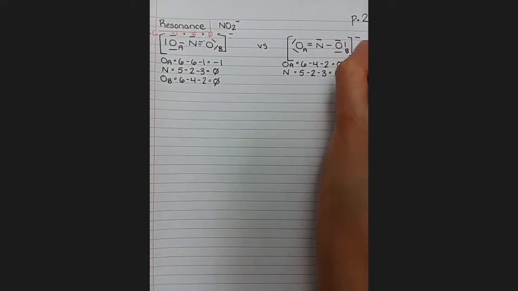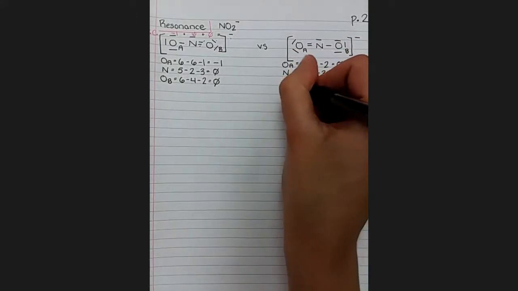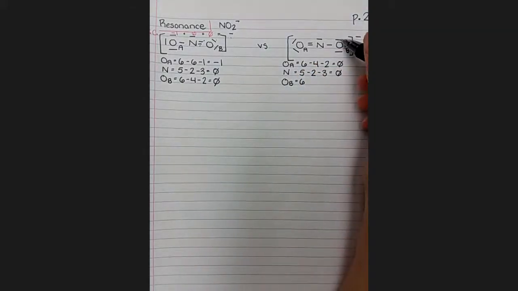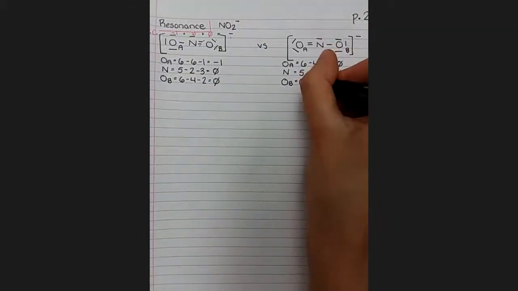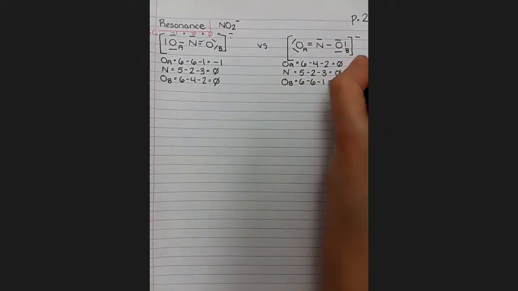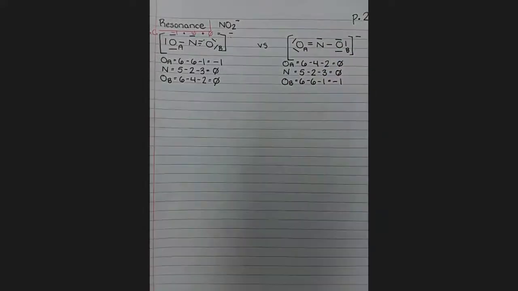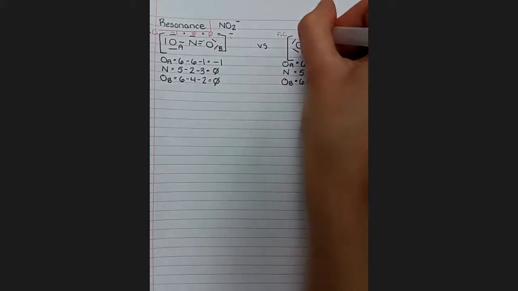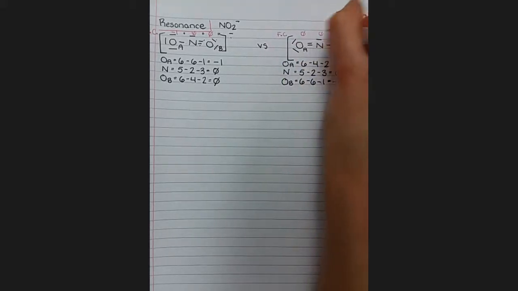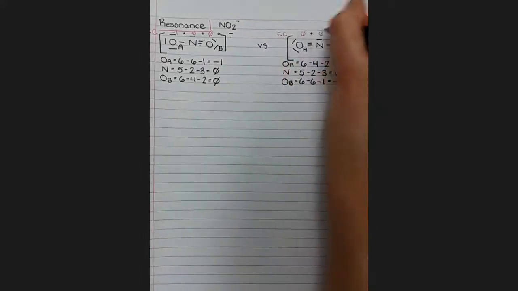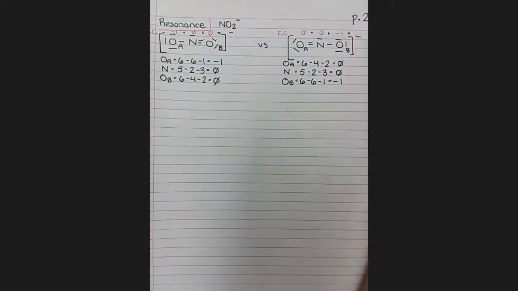So it still has a formal charge of 0. And for oxygen B, we start with 6 valence electrons. We subtract out 6 lone pair electrons and 1 bond, giving us a formal charge of -1. We've got 0, 0, -1. And if we add those together, they equal -1, which is the overall charge.